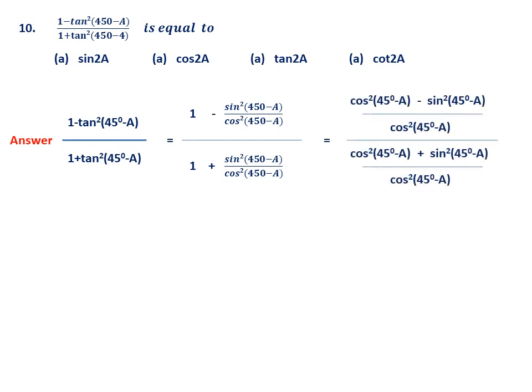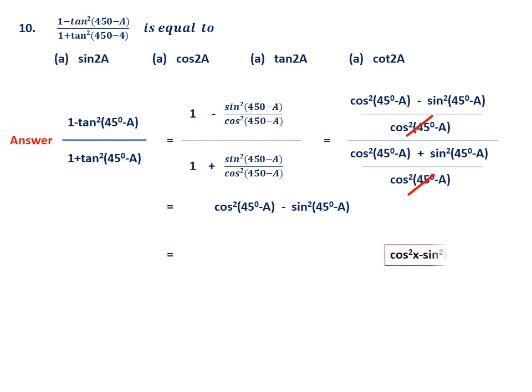So this equal to, now you have to take the LCM, cos square 45 degree minus A, then take LCM, cos square 45 degree minus A minus sin square 45 degree minus A in the numerator. In the denominator it is plus, that is the only difference. Now you can cancel cos square. Now you have to simplify. This is cos square 45 degree minus A minus sin square 45 degree minus A only, because in the denominator cos square theta plus sin square theta is 1 always.